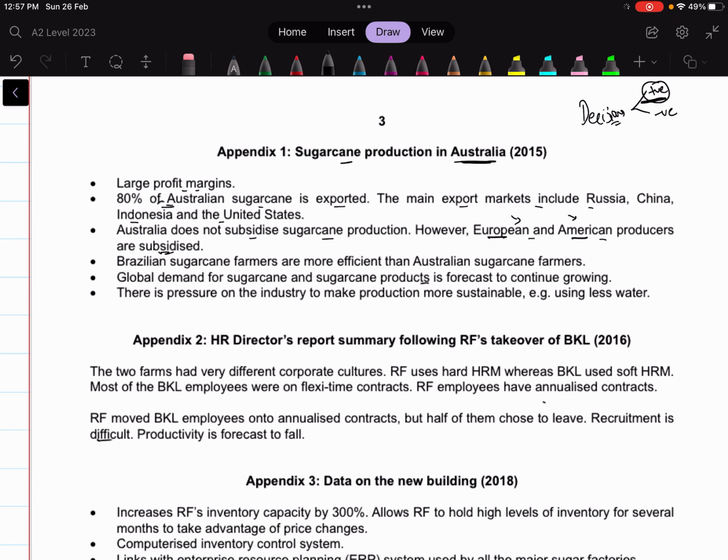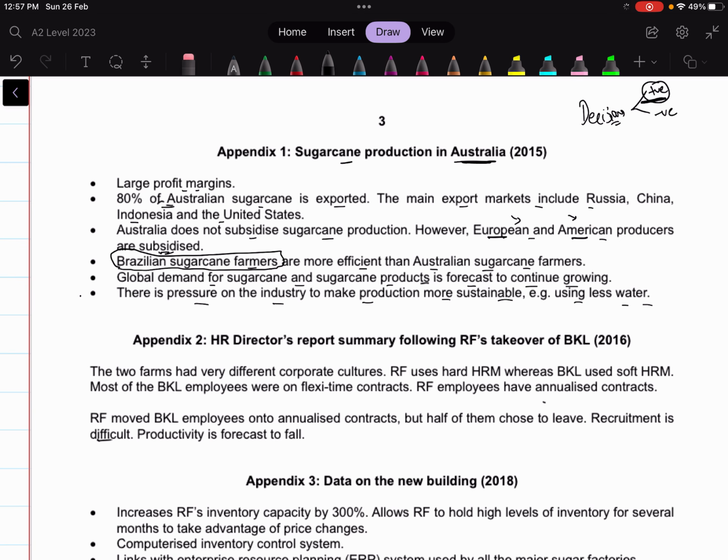Then moving on, Brazilian sugarcane farmers are more efficient than Australian sugarcane farmers, which means that Brazilian sugarcane farmers are able to drive down their cost even further. And then global demand for sugarcane and sugarcane products is forecast to continue growing. There is pressure on the industry to make production more sustainable, for example, using less water.